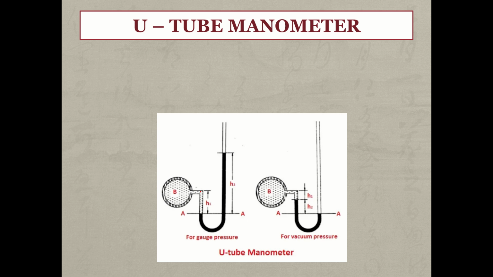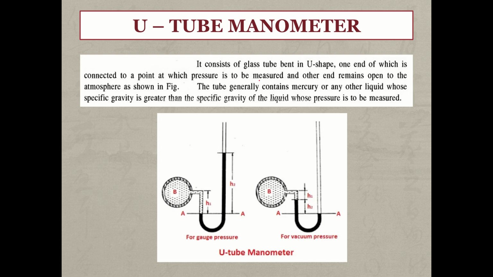As I've already told, it consists of a glass tube which is bent in a U shape, where one end is connected to the point where you want to calculate the pressure and the other end is open to the atmosphere. Generally the U-tube is filled with a heavy liquid, in most cases mercury.